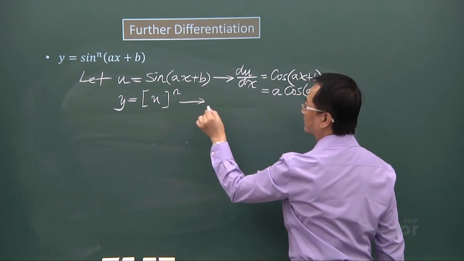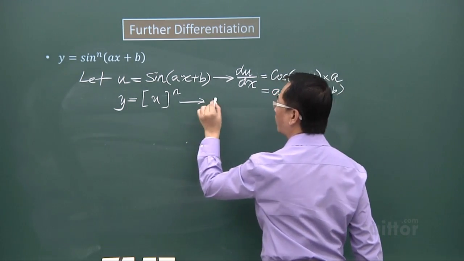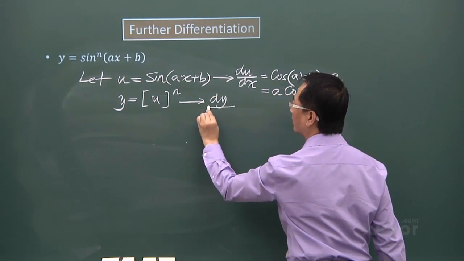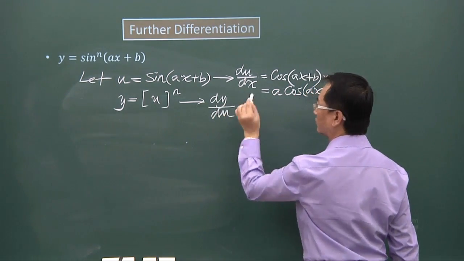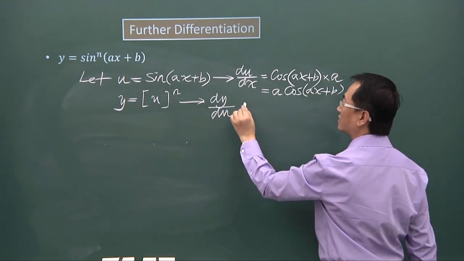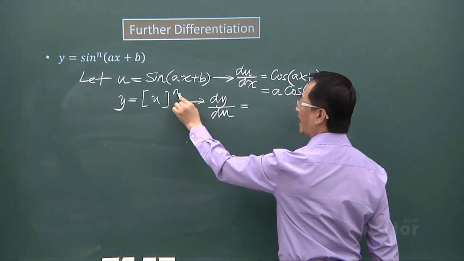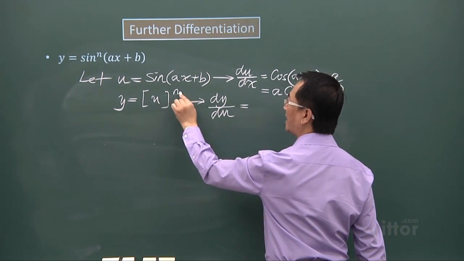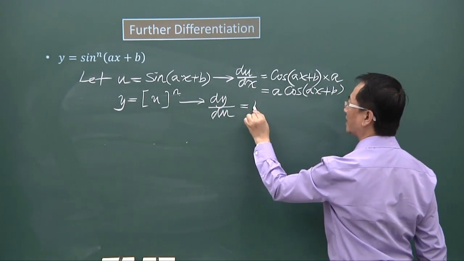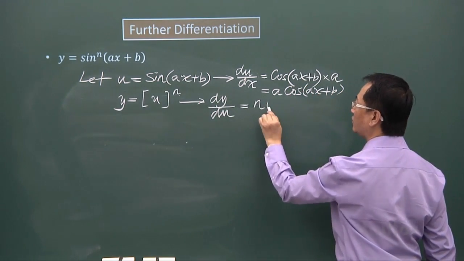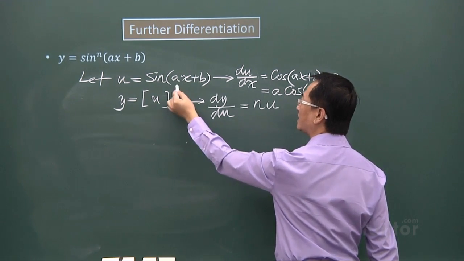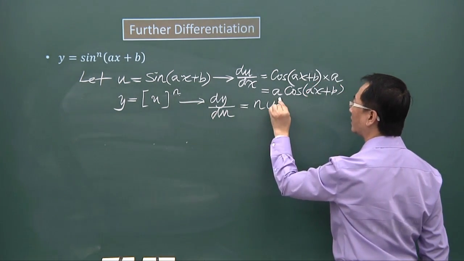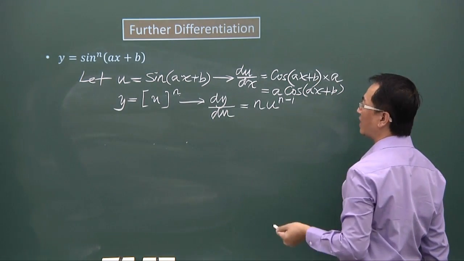The subject is y, so dy over du. So the index here will become the multiplier, and u to the power of, after each differentiation, this index is reduced by 1: n minus 1.